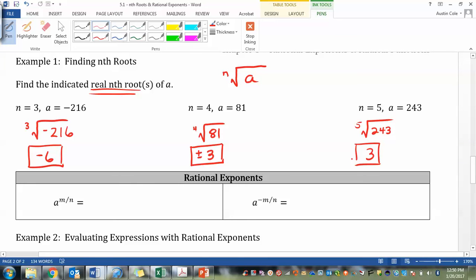Okay, now let me talk about rational exponents here. So this is a to the m over n power. It's a fraction. Okay? Now, I'm going to write this as a to the 1 over n, to the m.